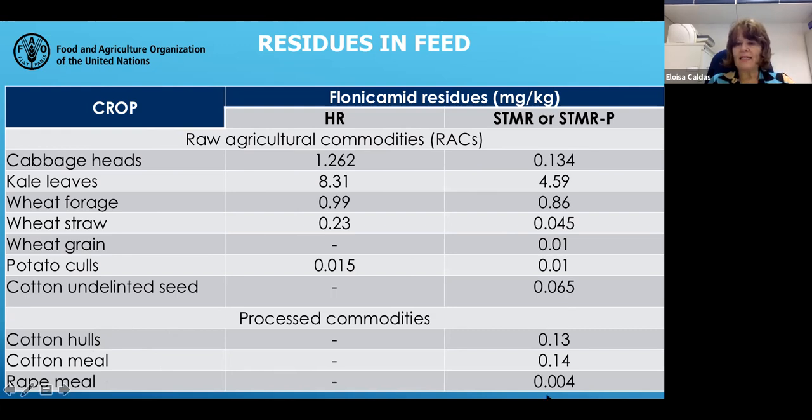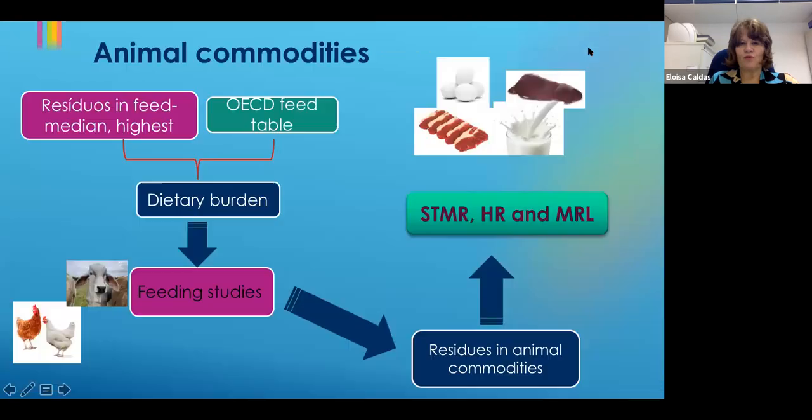And here are the STMRs. So as we have HR and STMRs to conduct the dietary intake assessment for humans, we need the HR and STMR to calculate the dietary burden for the farm animals. Here, yeah, we need those numbers to calculate here.